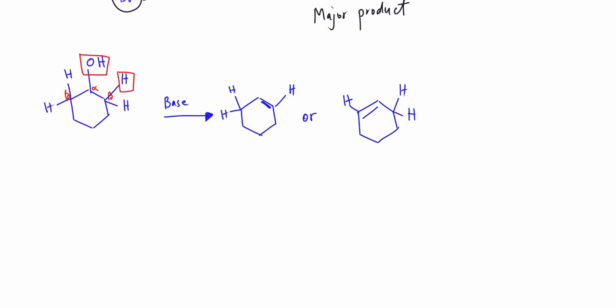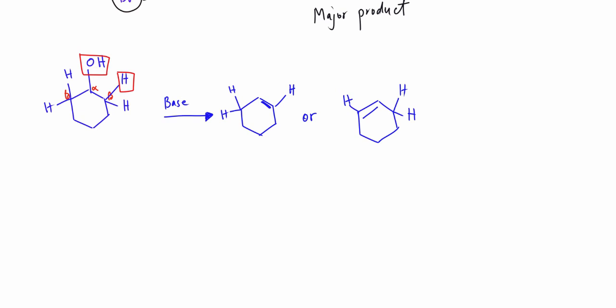We really want a simplistic way to understand the product of elimination reactions. What type of product are we going to get?